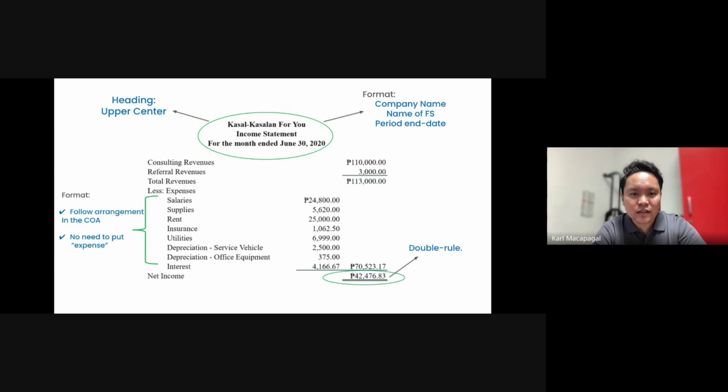Now, take note that the consulting revenues and referral revenues are both revenues earned by the business and therefore should be added. You also have to add all the expenses. So again, the formula is total revenue less total expenses, and you'll get the net income. And when you reach the net income, do not forget to put a double rule. Double rule signifies in accounting that it is the ending portion of your computation.